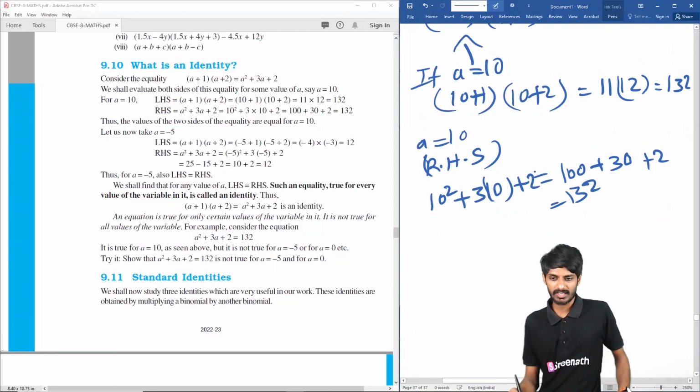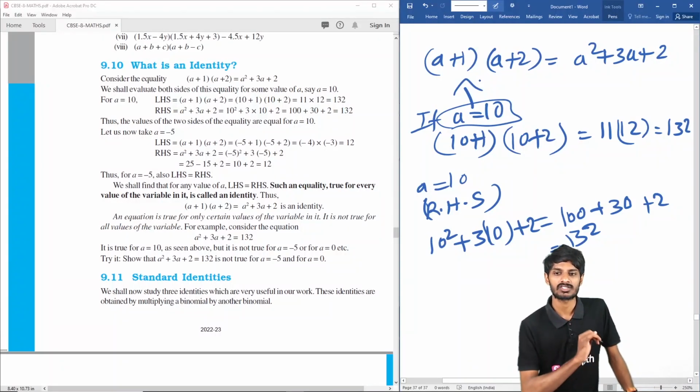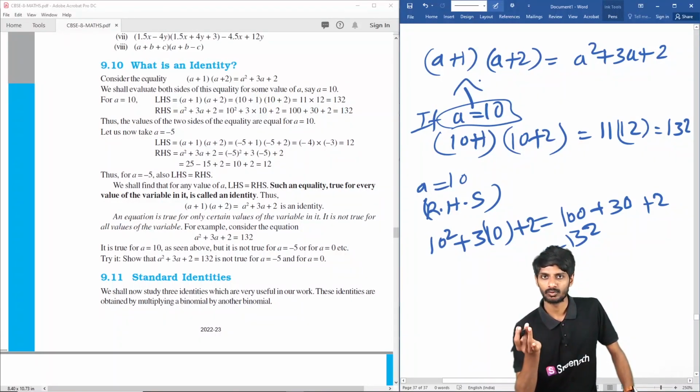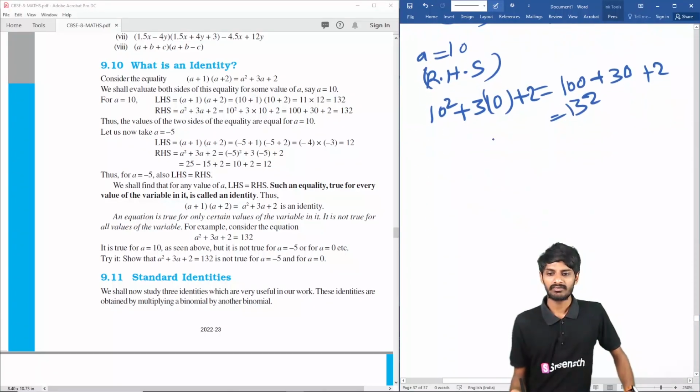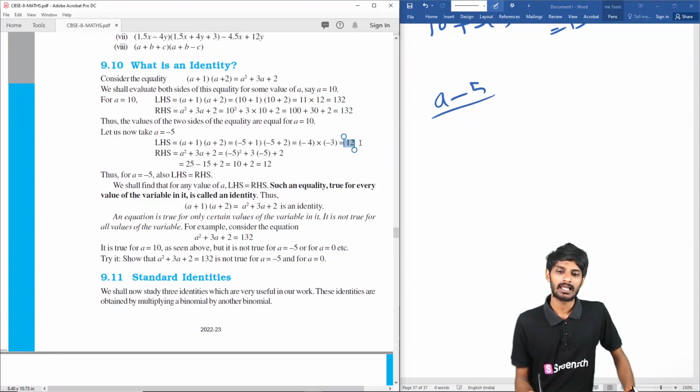If you see, if I substitute the value of 10 for a, this equation is valid, which means LHS and RHS both have the same value. If I substitute a equals minus 5 and do the LHS, in this case you are getting LHS is 12 and RHS is also 12.